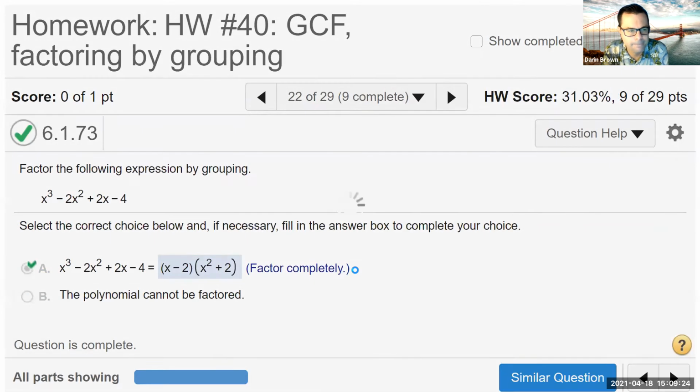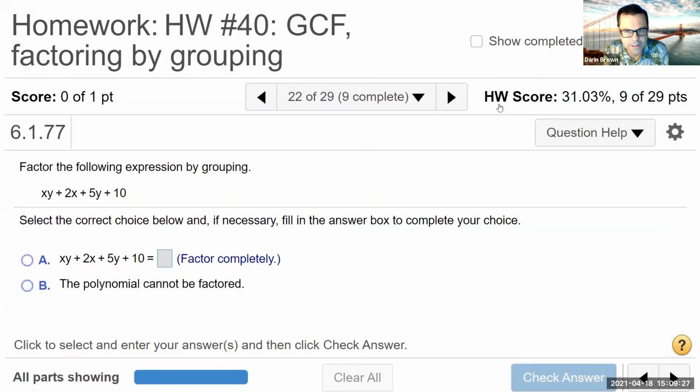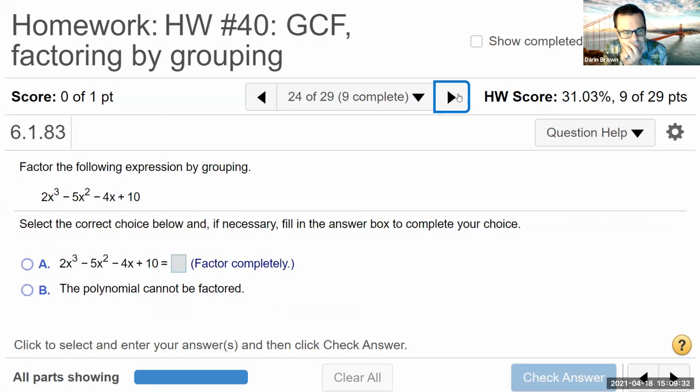All right. Okay, so there's some more examples here. Maybe we'll do one more. Let's see.